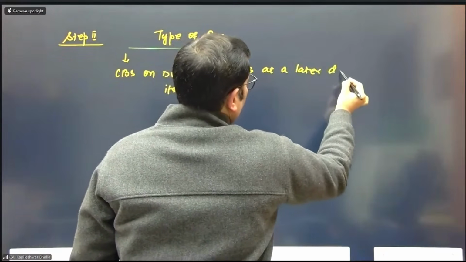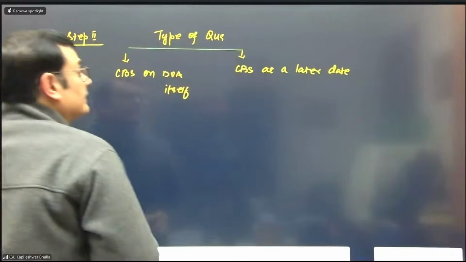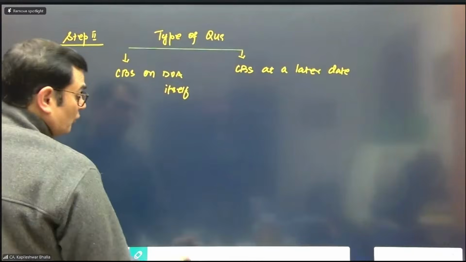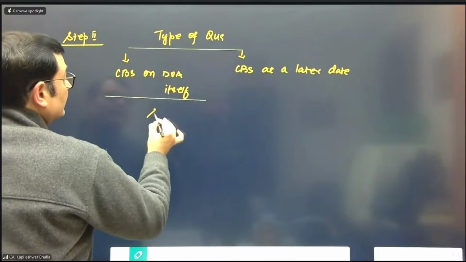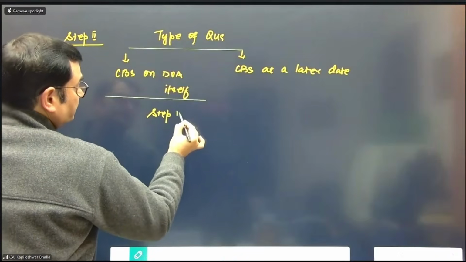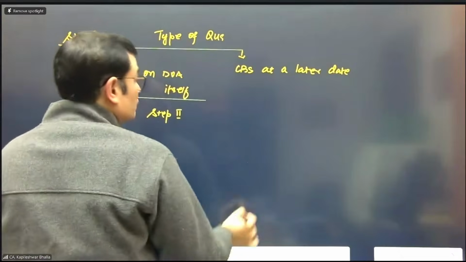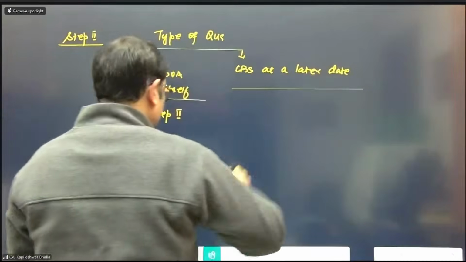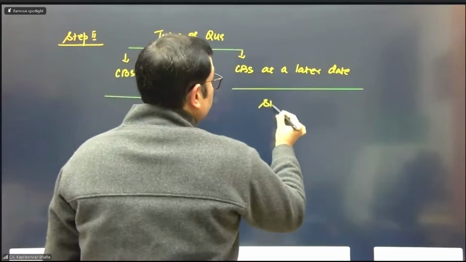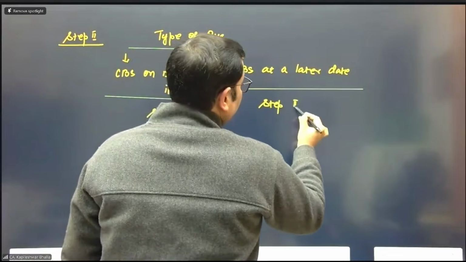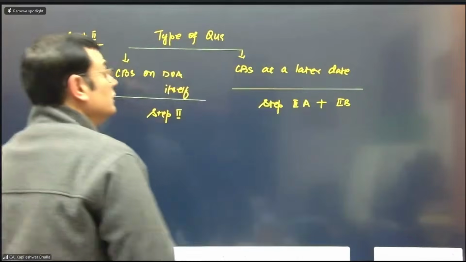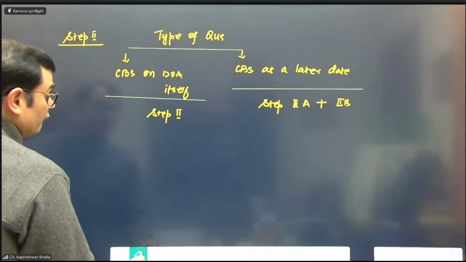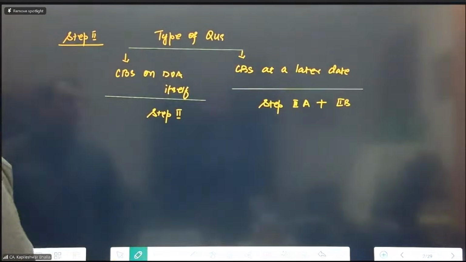One thing you need to remember very clearly: if it is a consolidation on the date of acquisition itself, then we are just working step number 2. But if it is a consolidation at a later date, then we are working in terms of step number 2A as well as step number 2B. So there will be 2 steps which will get confronted.